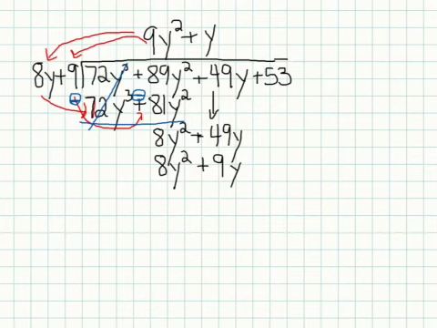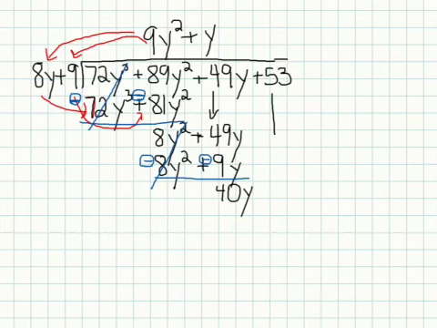Alright, here's the part where you're subtracting, so underline but change the signs to their opposites. And then combine. This zeroes out, and I have 49 minus 9, because it's now negative, which gives me 40y.